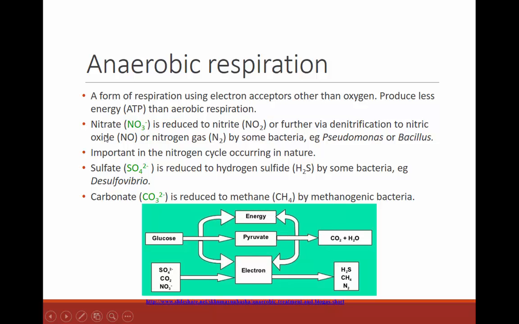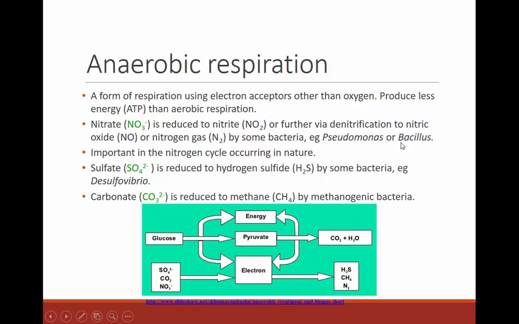So things that might be used as electron acceptors might be nitrate. So it's reduced to nitrite and then it can go right down to nitric acid or even to nitrogen gas. And this is what happens with some bacteria, so Pseudomonas and Bacillus.